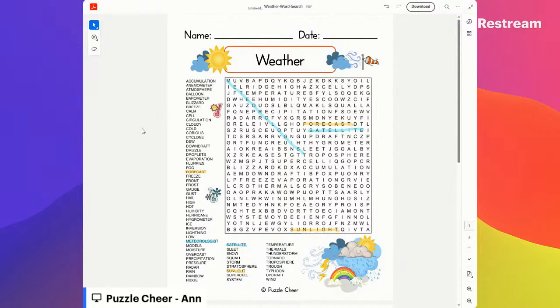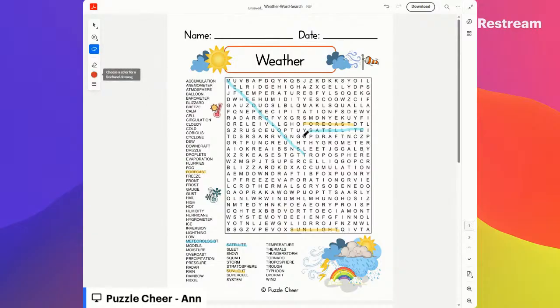And if we continue horizontally underneath where satellite was, I see updraft, hygrometer, and troposphere, and supercell, accumulation. So let's highlight some of these words.